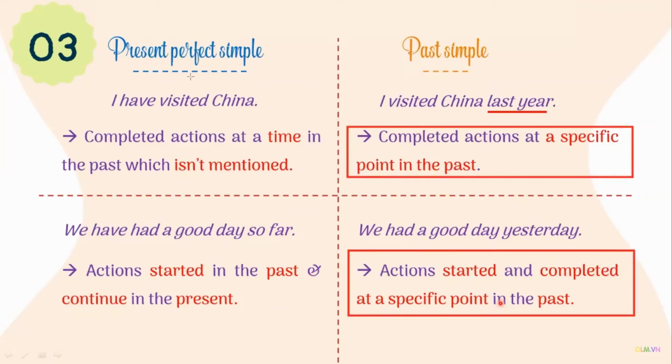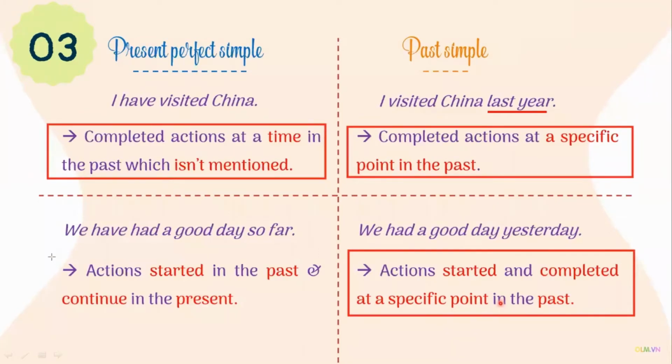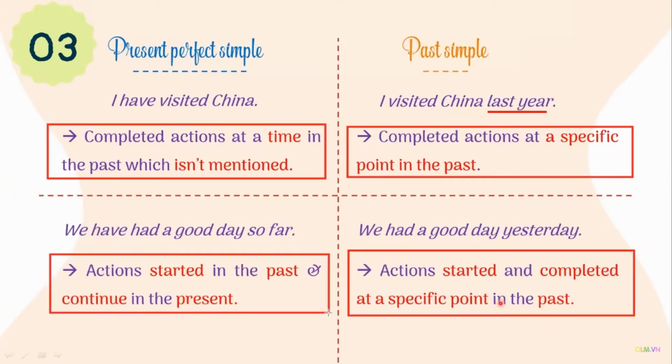But in present perfect, that action completed at a time in the past which isn't mentioned. And if that action hasn't finished, it started in the past and continues in the present, so we will use present perfect.